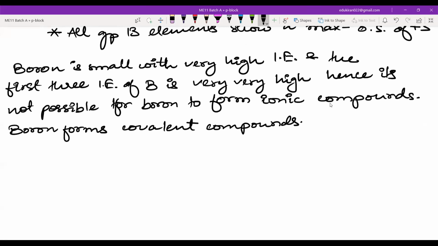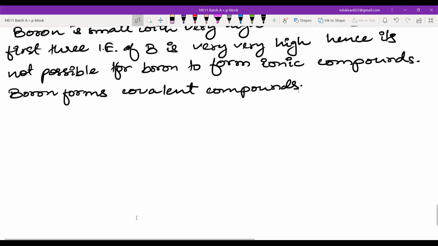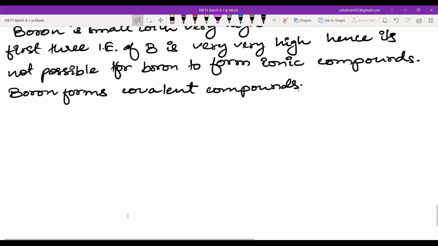But as we move from boron to aluminium, we see that there is a considerable decrease in the first three ionization enthalpies.